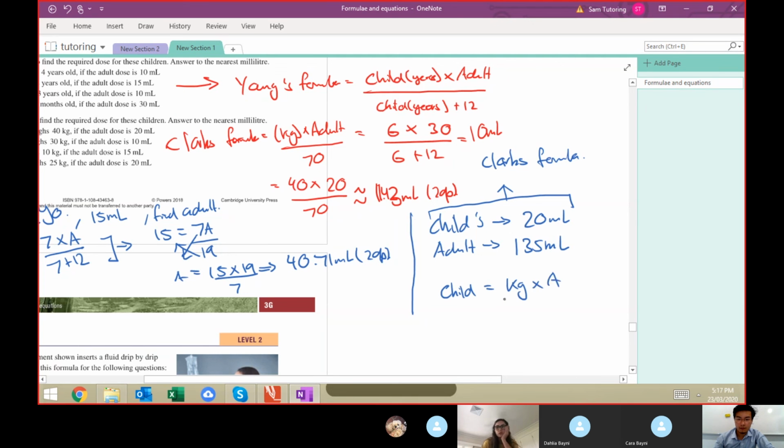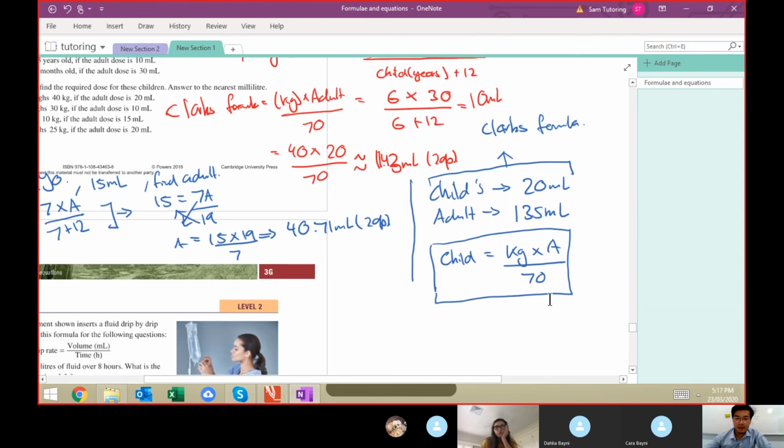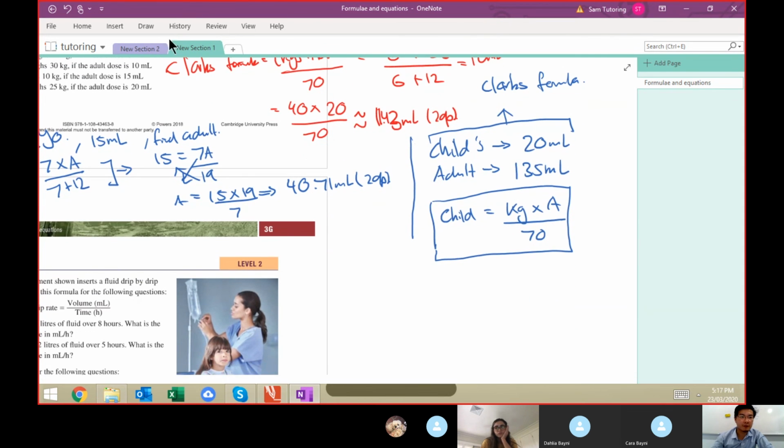Oh, the formula's here. Can everyone see that? Child is equal to kg times A over 70. And what are we trying to find? We're trying to find the weight. 20 equals W times 135 over 70.